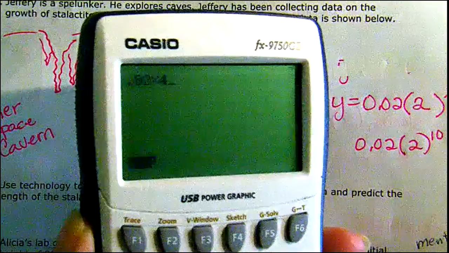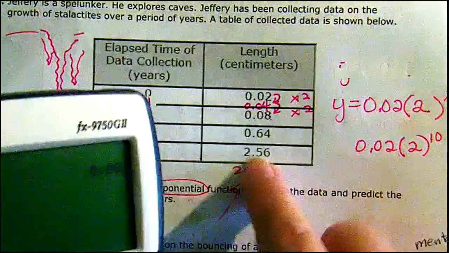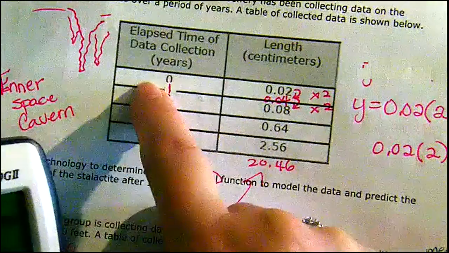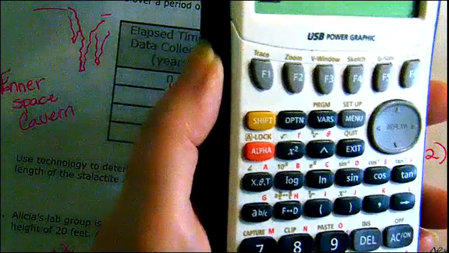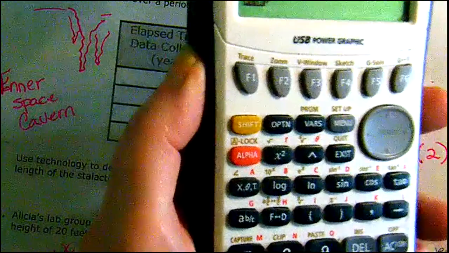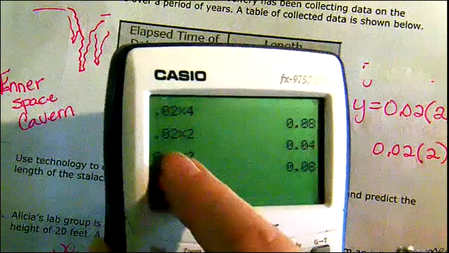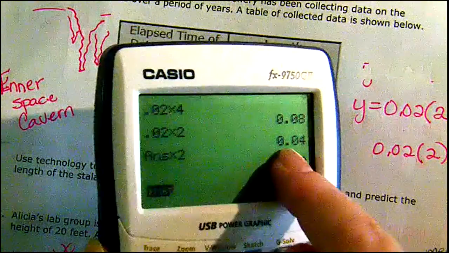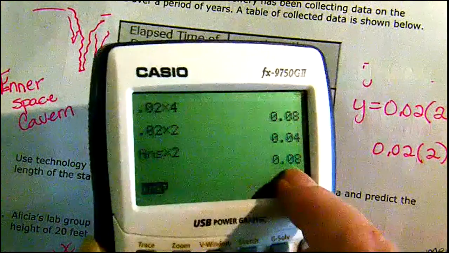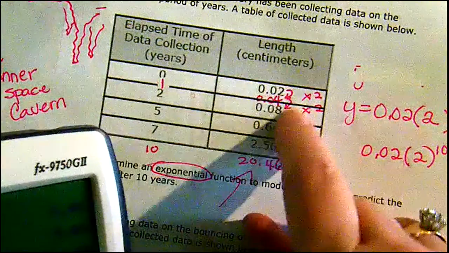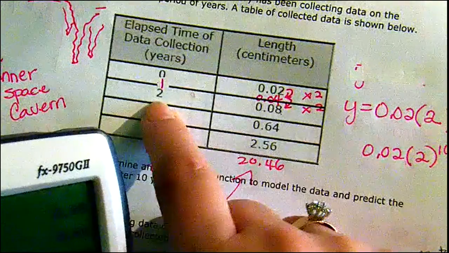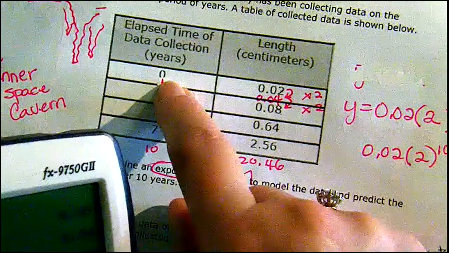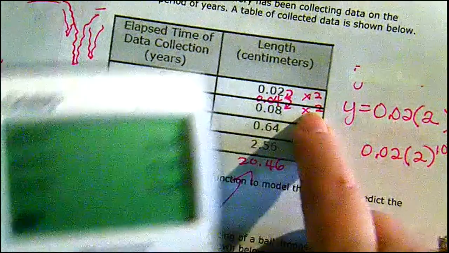Okay. And then like 0.02 times 4, well, I do get the next number, but I have to find out what's the middle number. And so then I tried times 2 again. And if I take the 0.02 times 2 and then multiply a second time, because I need to multiply by 2 twice to get to this one, I have to multiply once and then twice.